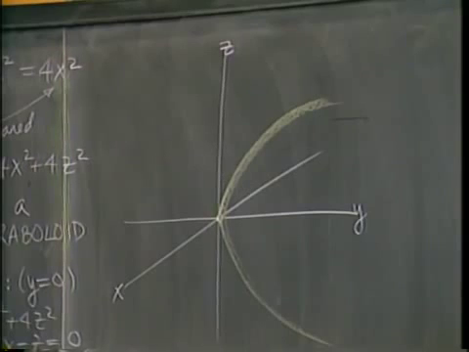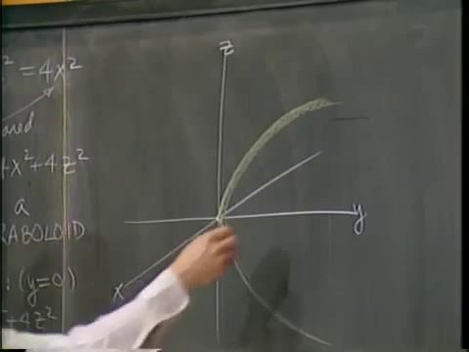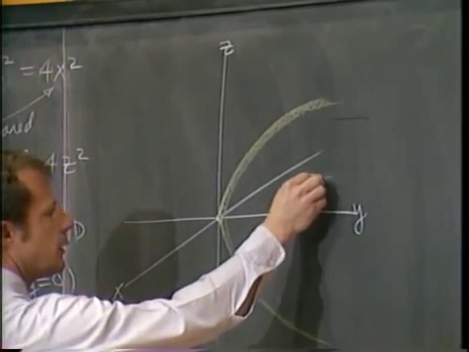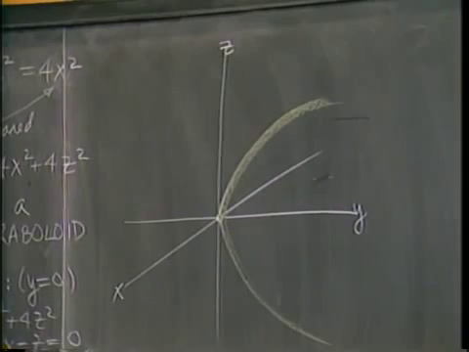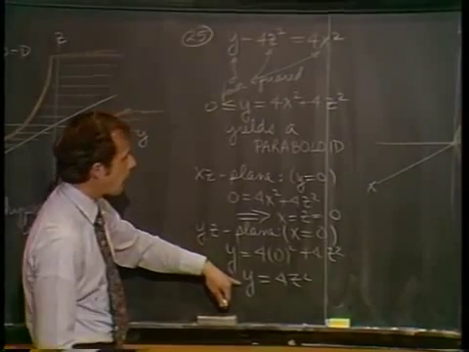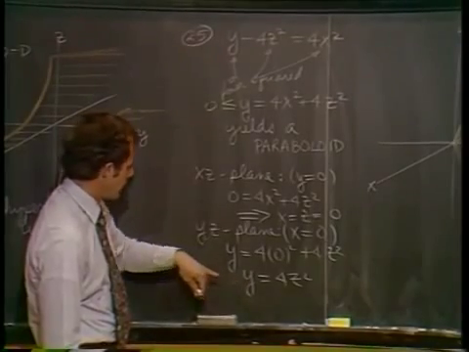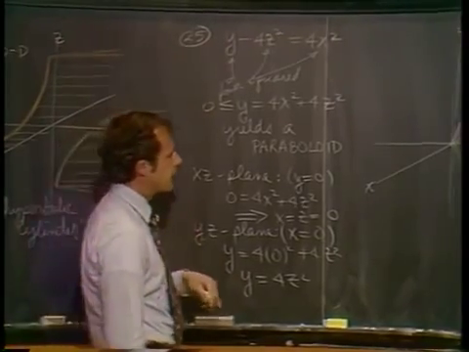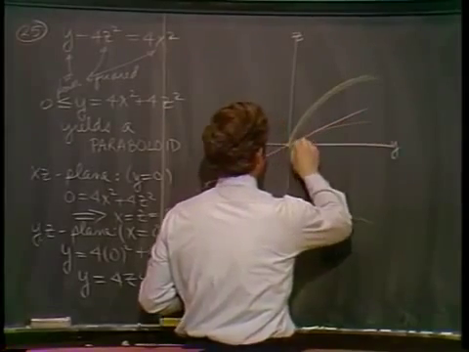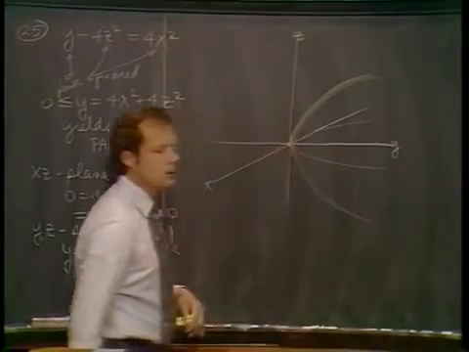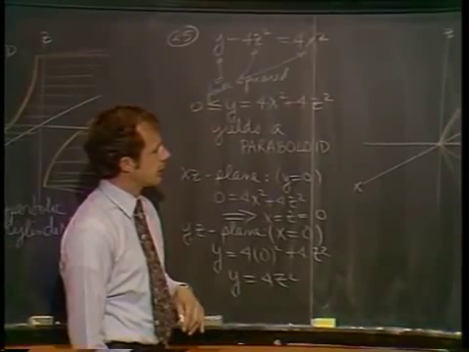Now you're going to have the same parabola, in fact, in the xz plane. Xz, yz. Okay, and the next one is the xy plane. In the xy plane we should also have a parabola that looks something like that.